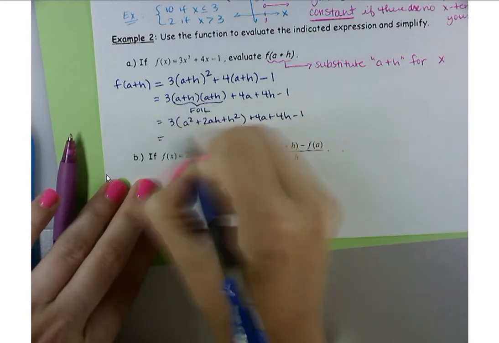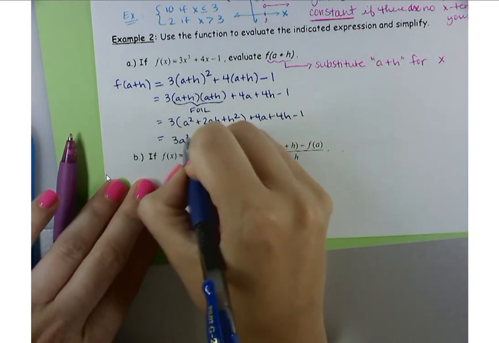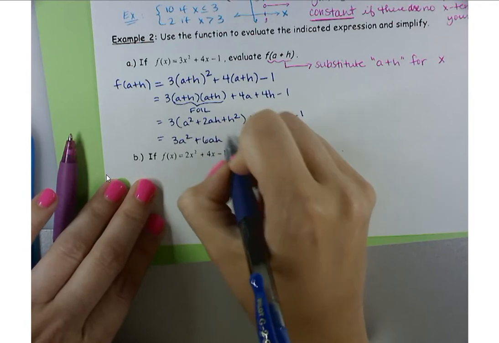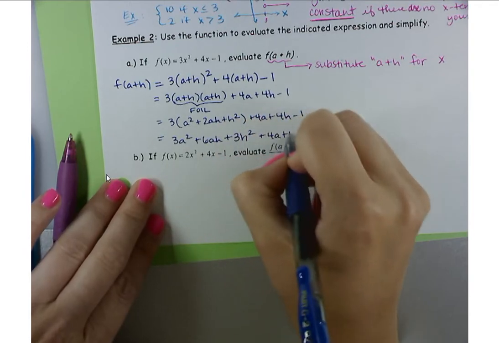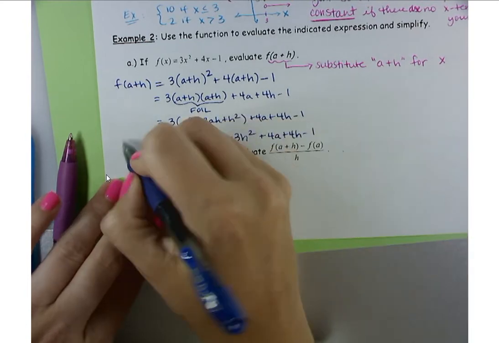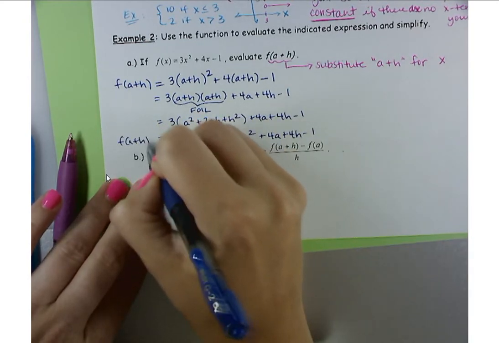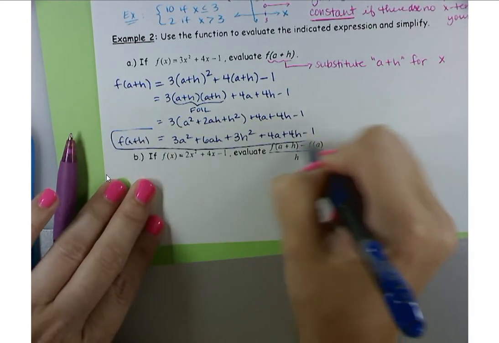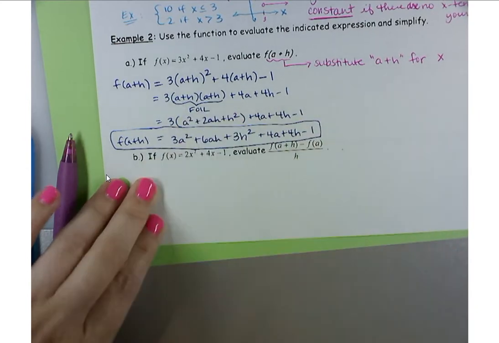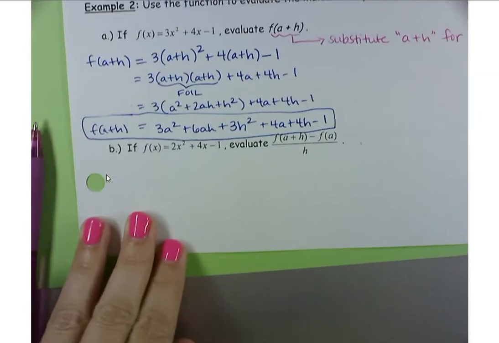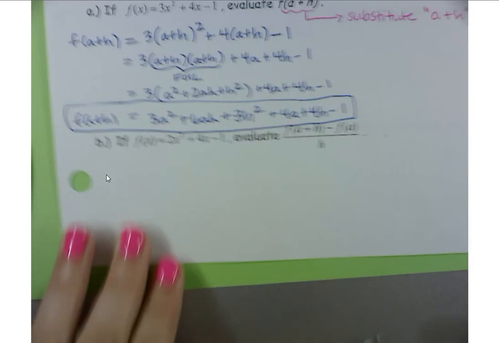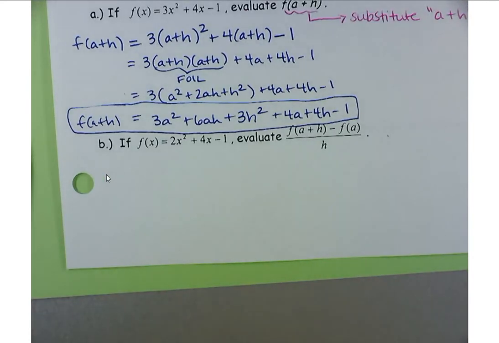And now I can distribute my 3, so I have 3a squared plus 6ah plus 3h squared plus 4a plus 4h minus 1. I do not have any like terms, so that whole thing is my solution. I'm just going to keep it just like that. Questions for me on that one?